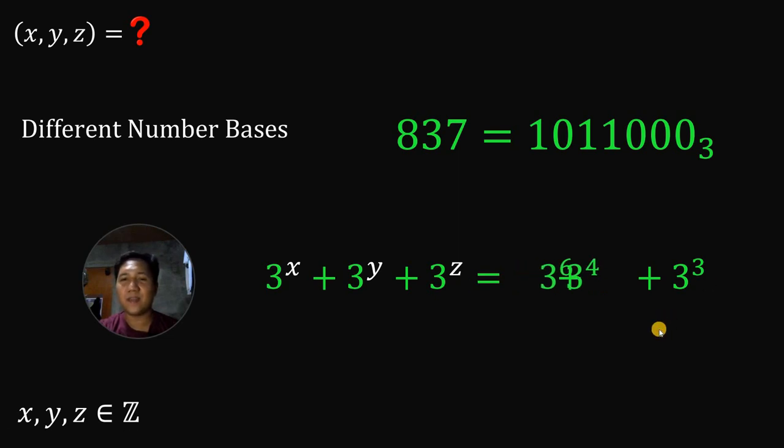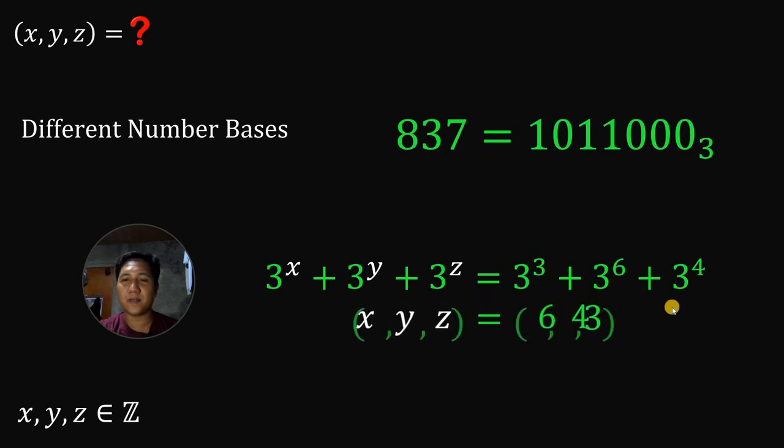But take note, if we rearrange some terms, now x becomes 4, y becomes 6, and z becomes 3. We have a lot of configurations, which in mathematics is called a permutation.